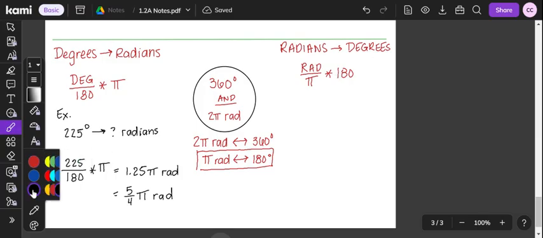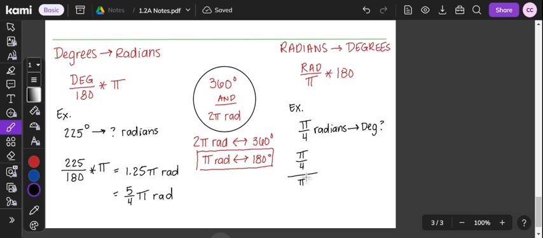All right, so in this example, let's say I was given pi over 4 radians. And I want to know what is that in degrees. Okay, well, I'm going to take pi over 4. I'm going to divide out the pi. And then I'm going to multiply by 180. All right, now this might look a little tricky.